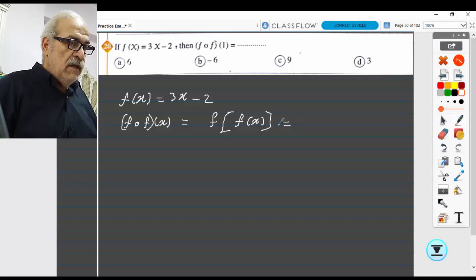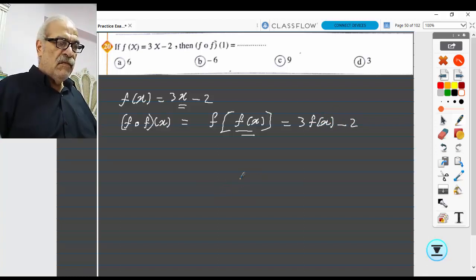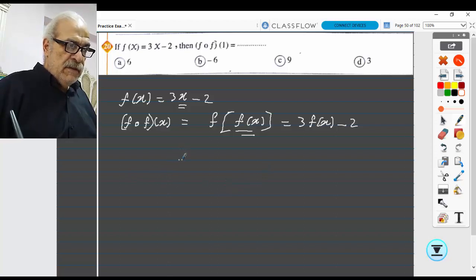So it is equal f of f of x, but f of x equal to 3x minus 2. So instead of x, I'll write f of x. So we have 3 f of x, okay, minus 2. Step by step.